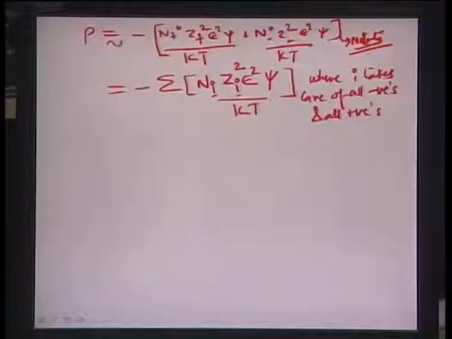Okay. So, we are left with the charge density approximately to be sigma Ni Zi square epsilon square phi by kt, where i is the total number of charges, irrespective of whether it is positive or negative charge.